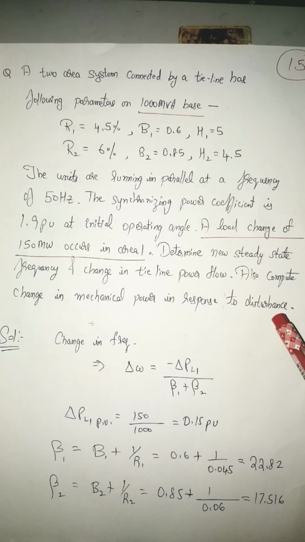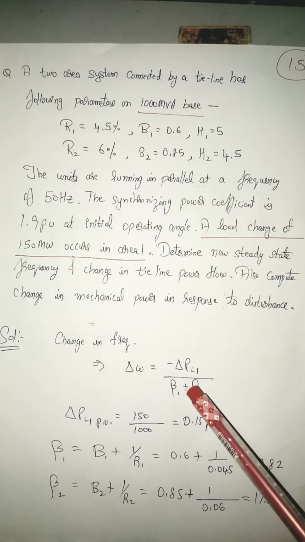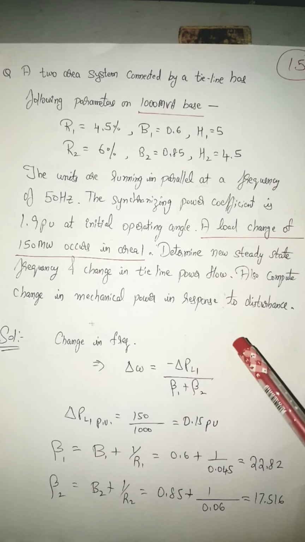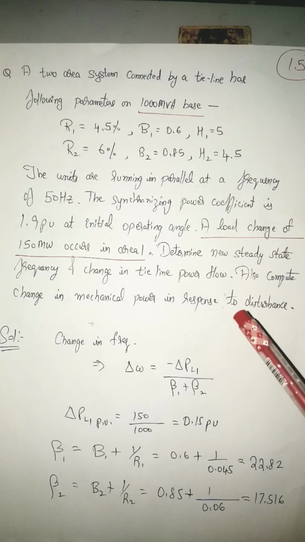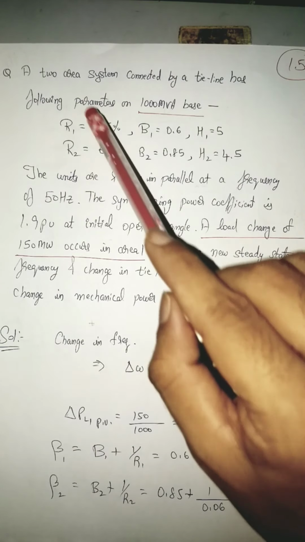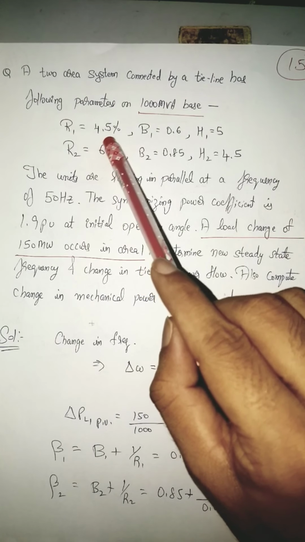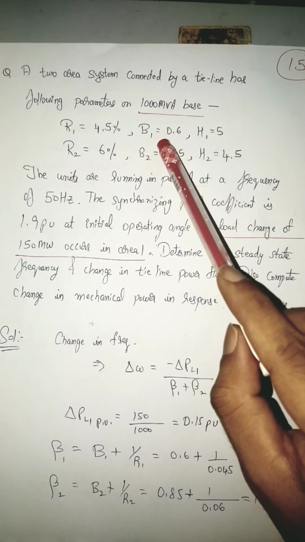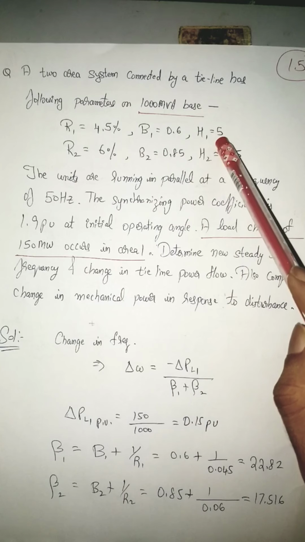So again, this is a two area system. You have control area 1 and control area 2 connected by a tie line. Whatever topic you have seen in the previous session, this problem is based on that. Coming to area 1, the regulation is 4.5%, frequency regulation constant is 0.6, and inertia constant is 5.